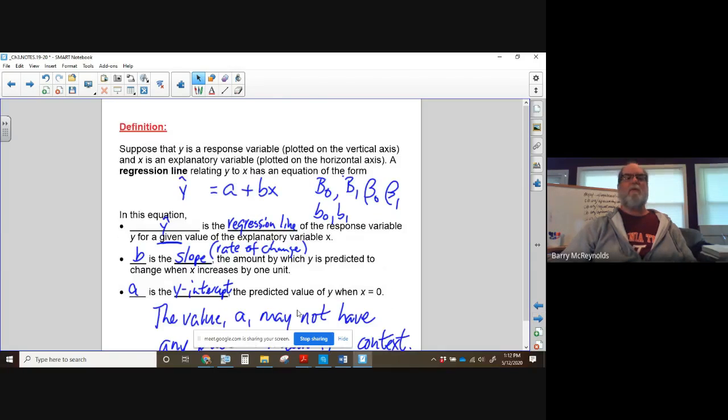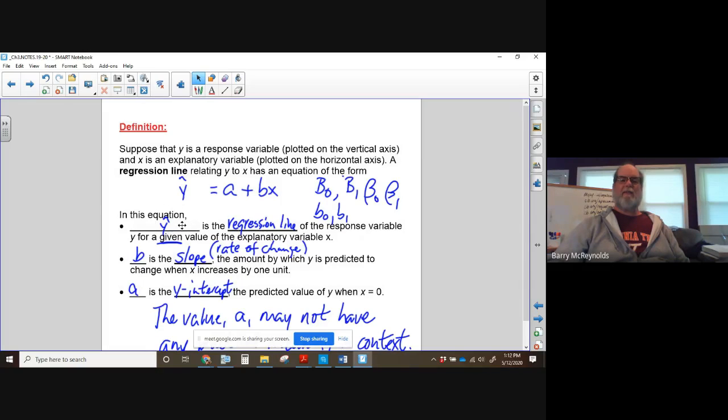What we want to do is define the way this line is described. And you'll see the regression line in the format of y hat equals a plus bx.